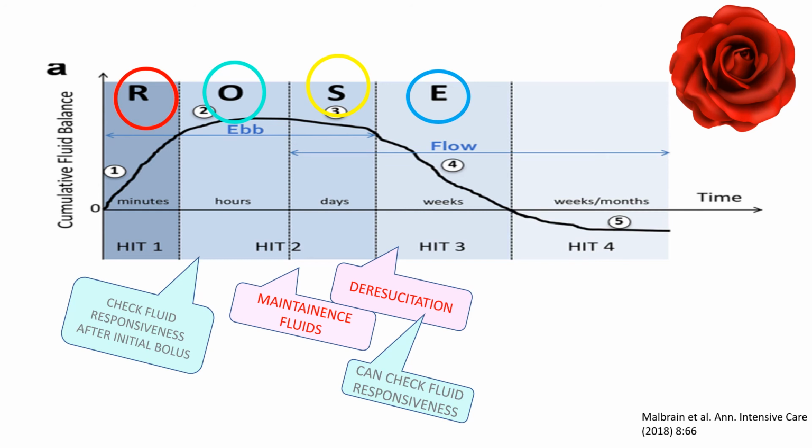You can check for fluid evacuation by again checking for fluid responsiveness. If he is not fluid responsive, that can help you decide that he is overloaded, and you can now remove the fluids, because you do not want to remove the fluids if he is still hypovolemic, because you will cause further hypotension. So this is an important concept of first resuscitation, then optimization, and then final evacuation.